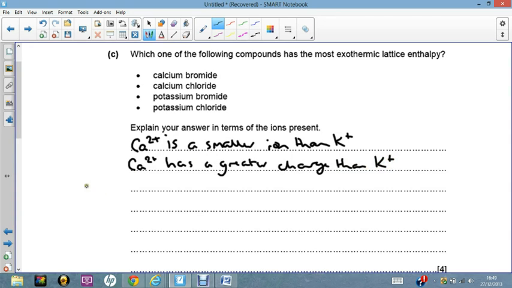Okay, so those are the 2 things that we're going to say about cations. So calcium ion is smaller than the potassium ion. Calcium ion has a greater charge. Then we're going to compare the anions.